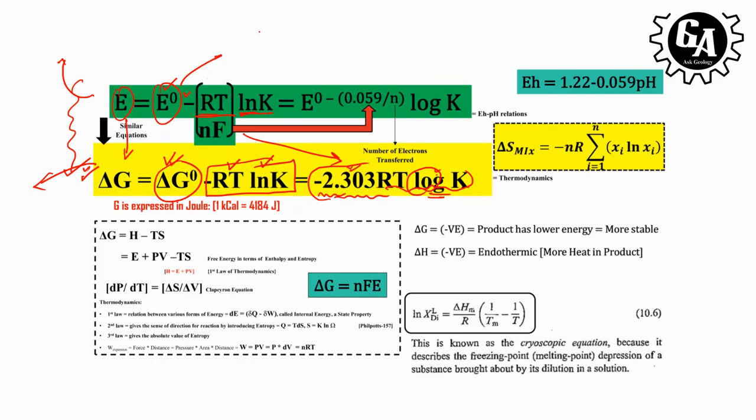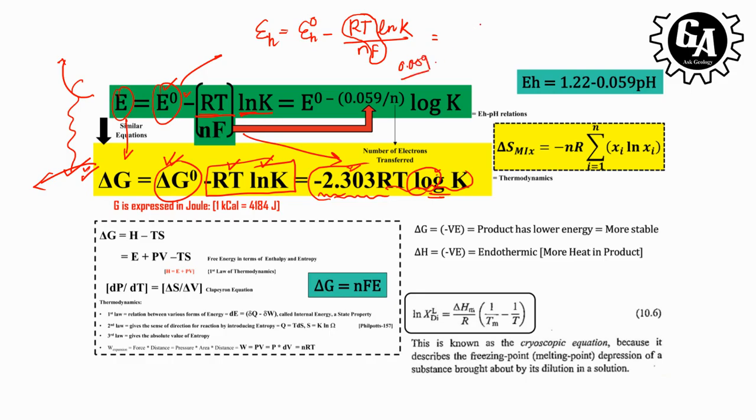Okay, first thing, what is our equation? EH is equal to E0 minus RT ln K divided by NF. He has given the value of RT divided by F, which is 0.059.